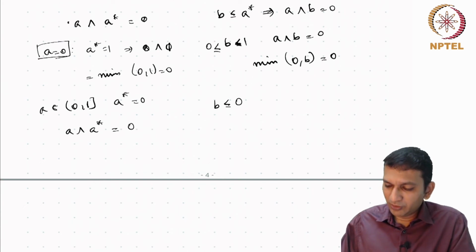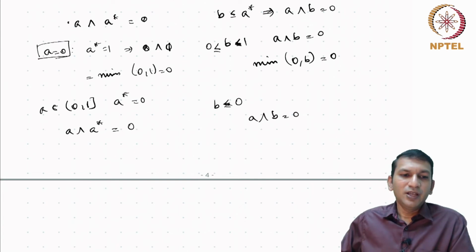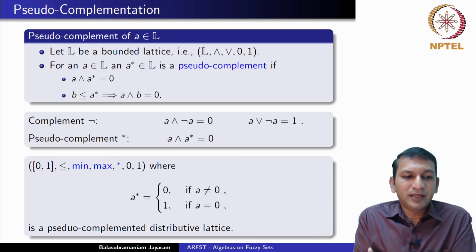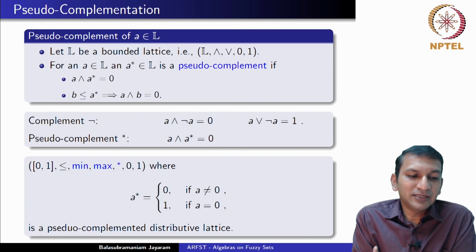There is no other element which is strictly less than 0. So then essentially B is 0, and we have already proven that for that, A meet B is 0. So we see that this operation gives you a pseudo complement on this lattice, and hence this lattice becomes a pseudo complemented distributive lattice.